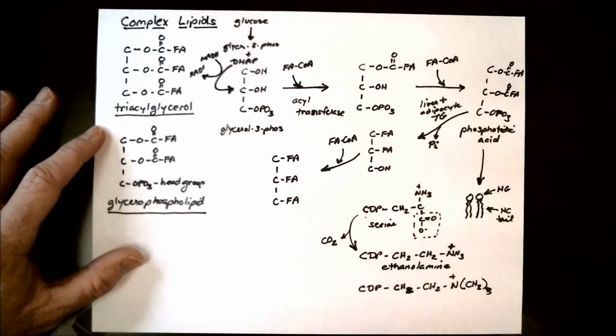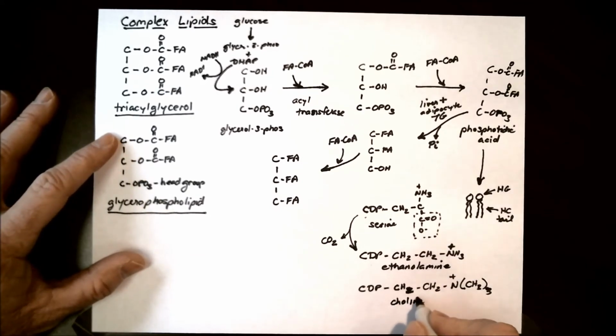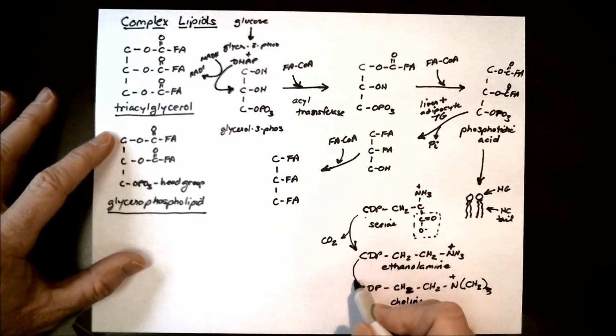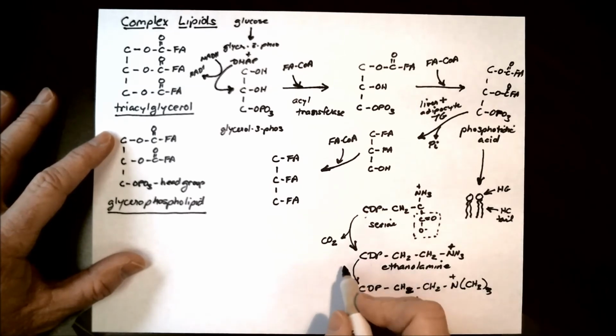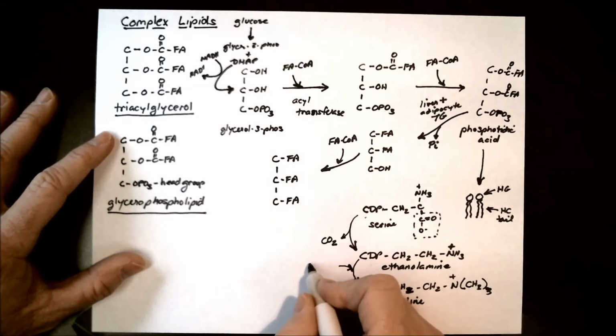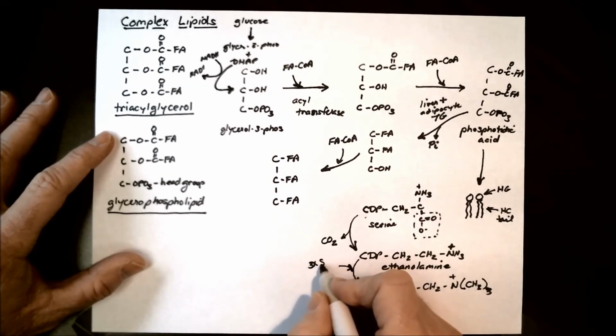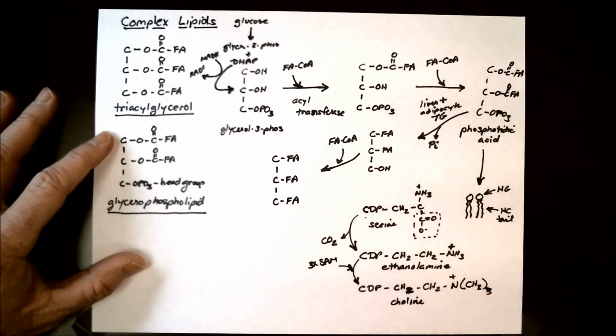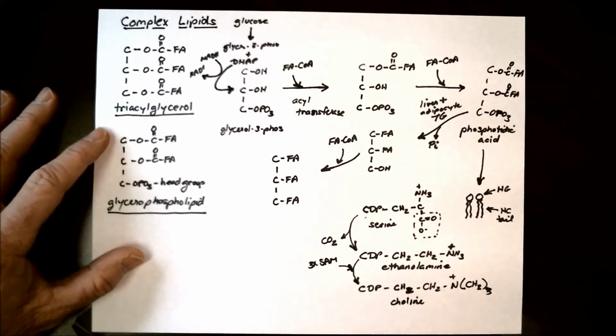Once we have the ethanolamine structure, we can now convert the ethanolamine into our other head group, which is choline. And this is going to be done in 3 separate reactions using 3 times an accessory molecule called SAM, which stands for S-adenosylmethionine.